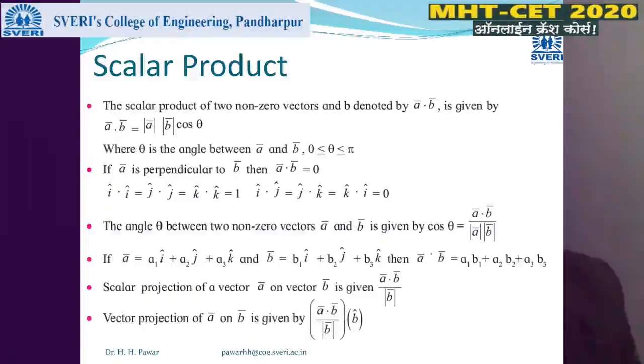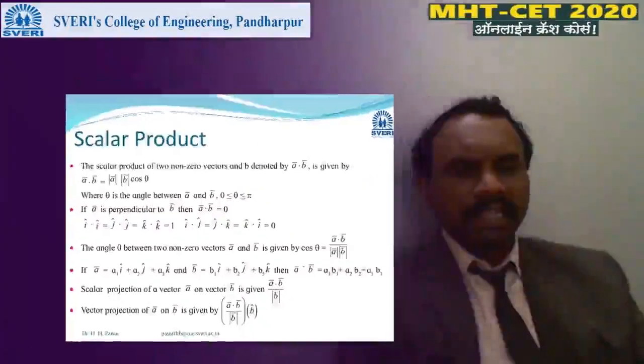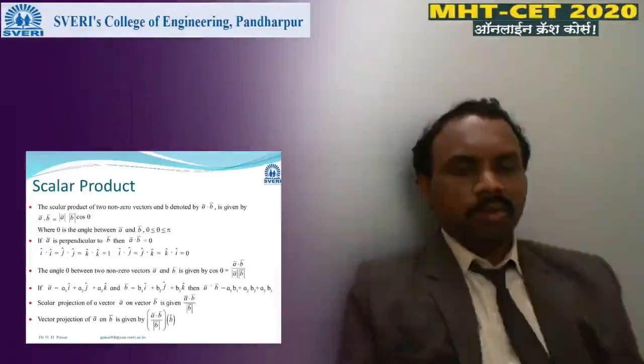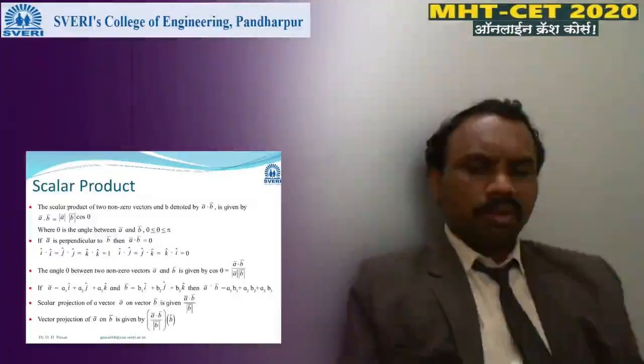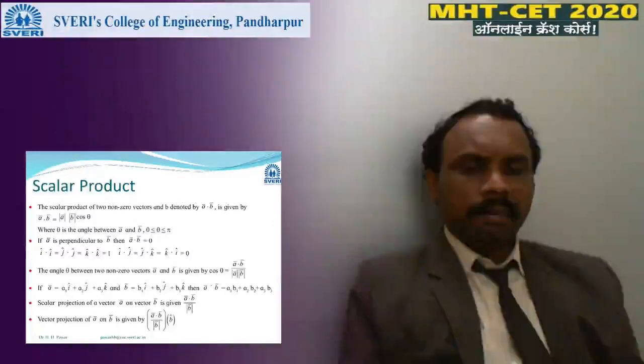Next, note that the scalar projection of vector a bar on vector b bar is given by a bar dot b bar divided by mod b bar, or one can say a bar into a bar dot b cap, that is the unit vector of b. Also, the vector projection of a bar on b bar is given by a bar dot b bar divided by mod b bar into b cap.